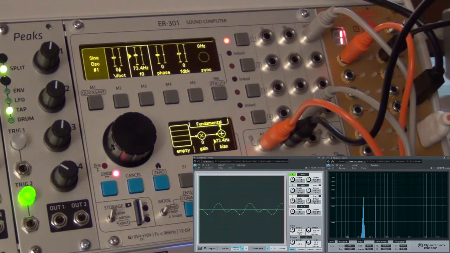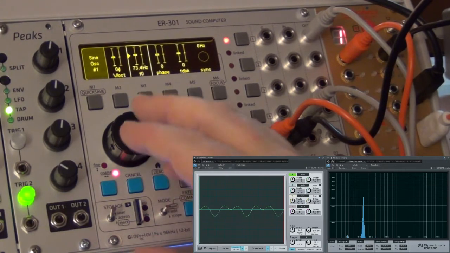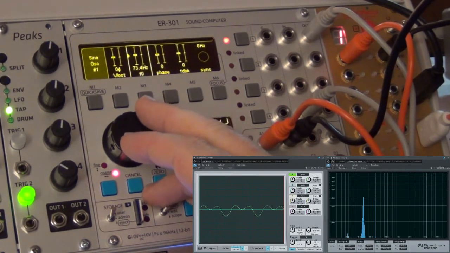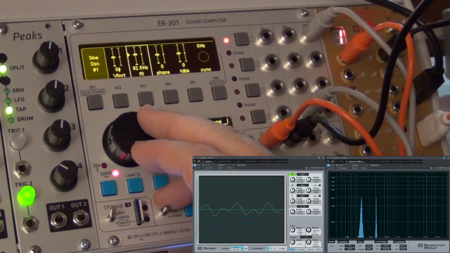The only other note about ring mod, maybe a couple more. You might wonder what happens to that lower band on the left-hand side as you go below 0. So let's bring it up to somewhere above 220, where 220 minus 220 is 0, and you can watch what happens to that band on the left.